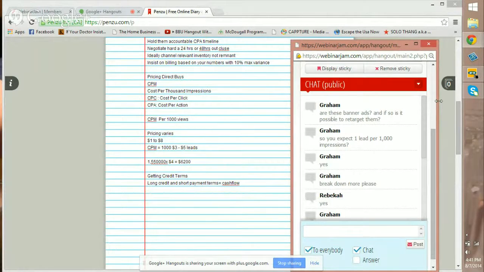They are actually getting it from these sources for pennies on the dollar, and they're charging you a lot more. So when you know these things, you can do CPA networks, you can do so many things. It's just a matter of plug and play.